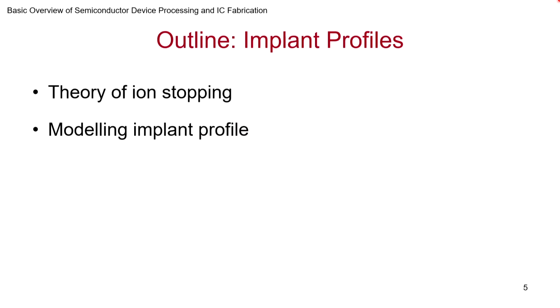So this is the outline of what I am going to talk about in this section of the lecture. I will be talking about the theory of ion stopping. So when the ion comes crashing in, what are the broad theories, and based on that, how do you model the implant profile? At least we will get an idea, and at least the references that you may want to pursue if you are interested in it.